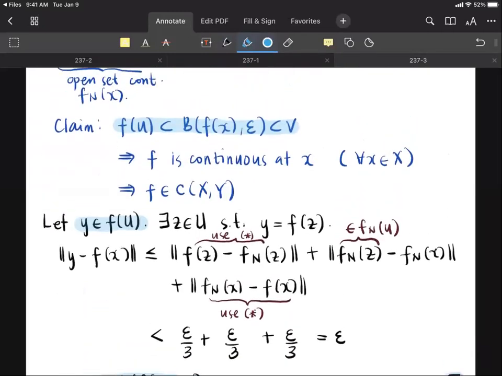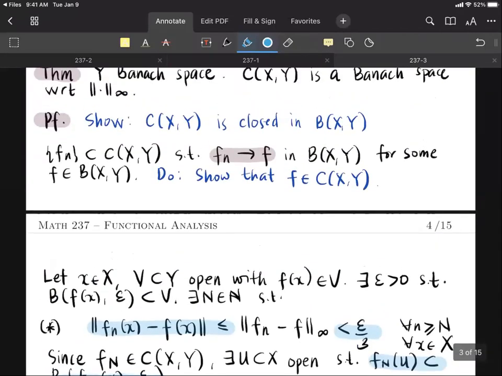Since we have already verified that f is continuous, this is what we wanted to show at the beginning of the proof. So therefore, the space of continuous functions on a compact space X into a Banach space Y is a closed subspace of the space of bounded functions from X to Y. Therefore, it is also a Banach space.